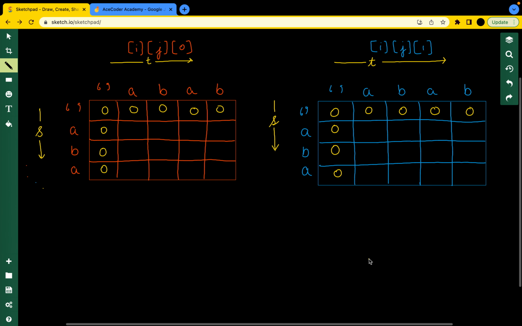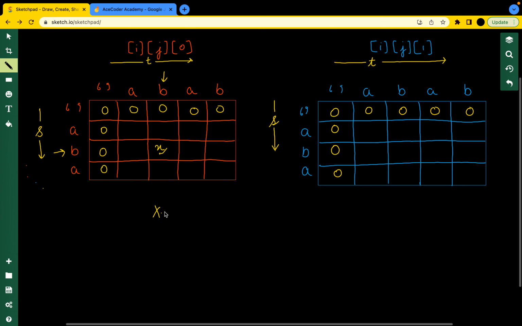Now let's understand what the cells of both matrices mean. Firstly, consider this matrix, and we are standing at this cell. It means that we started iterating this string from left to right, currently standing at this index, and we started iterating string s from top to bottom, currently standing at this index, which is p. This will contain a value x.